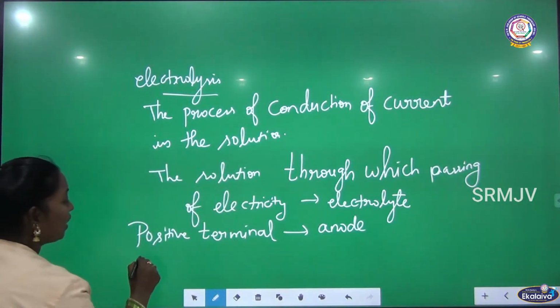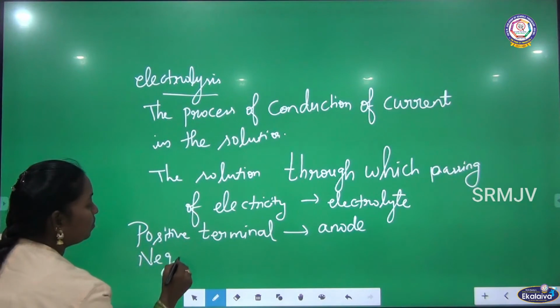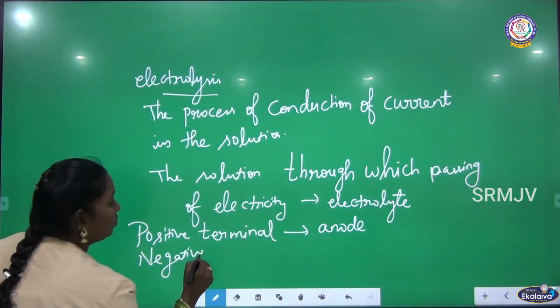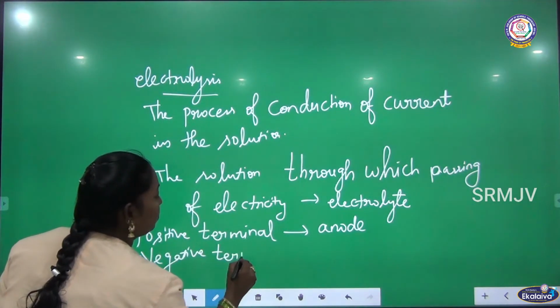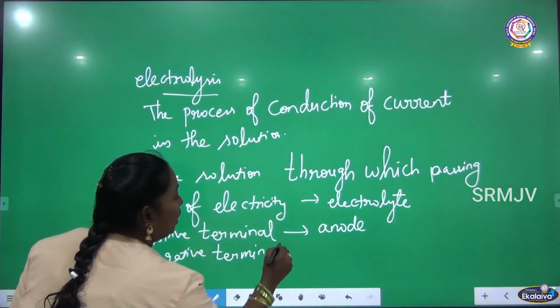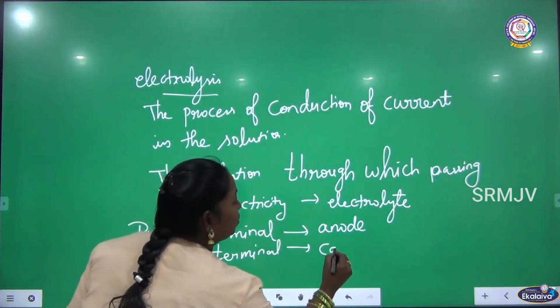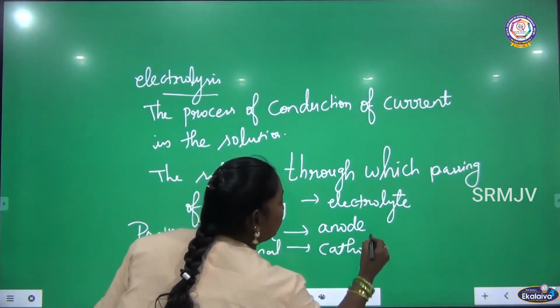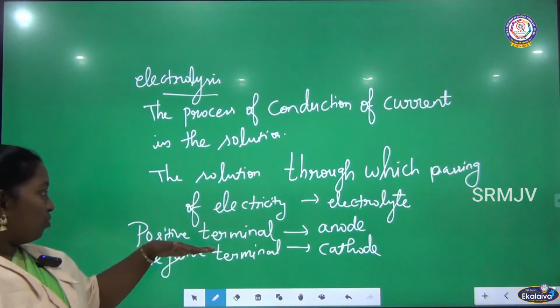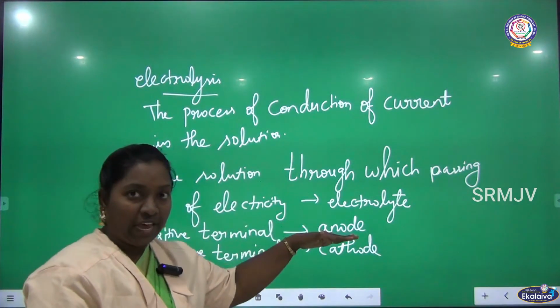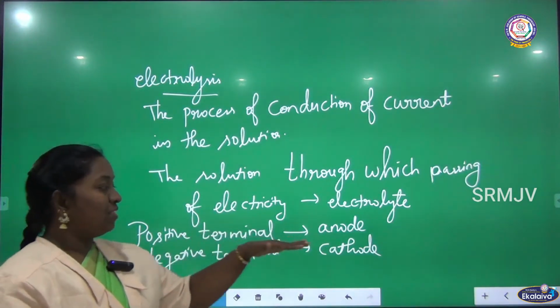And the same way, the negative terminal in the solution you can call the cathode. In the solution the positive terminal is called the anode and the negative terminal is called the cathode.